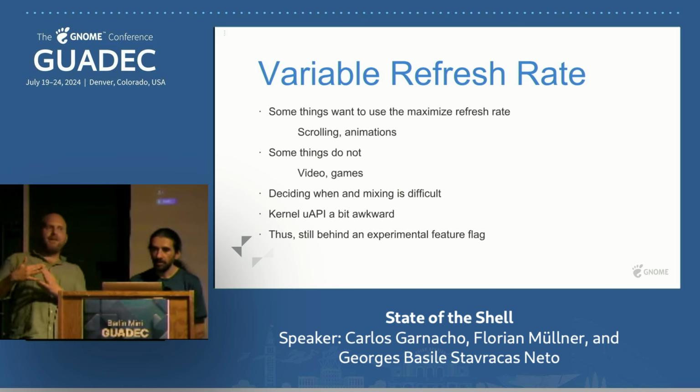It's not a multiple of each other, and therefore you get non-optimal results. So in short, for video, it's often nice to reduce the refresh rate.